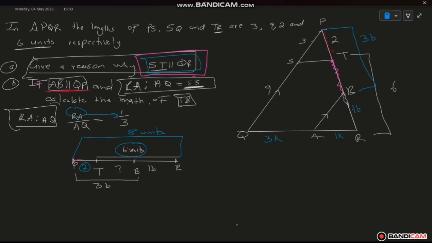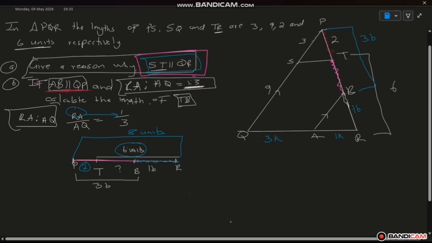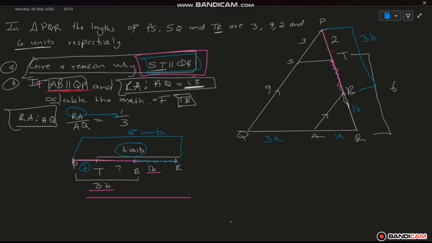Those are ratios. We do have PB and BR as ratios. Now let's see, we can have PB plus BR, that will be equal to PR as ratios, meaning we'll have 4B.